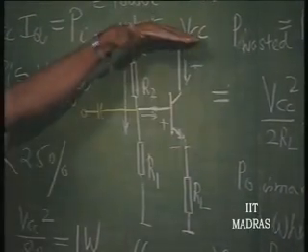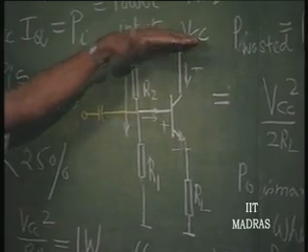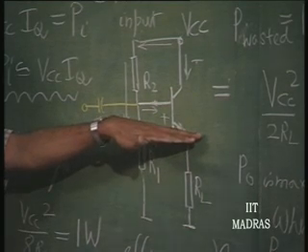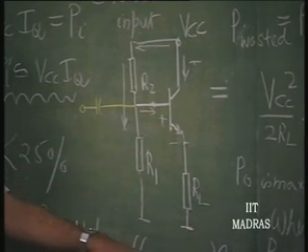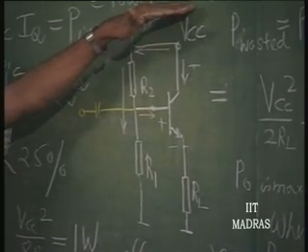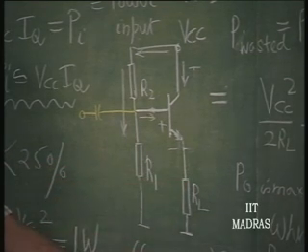If 4 watts is the quiescent power, and this is V c c by 2, then V c c by 2 squared divided by R L is dissipated here, and the rest of it is dissipated here. So, 2 watts will be dissipated here and 2 watts here.